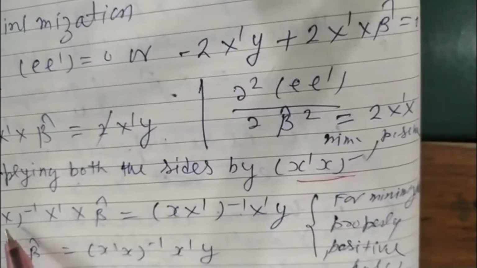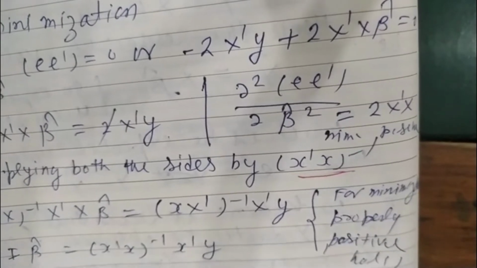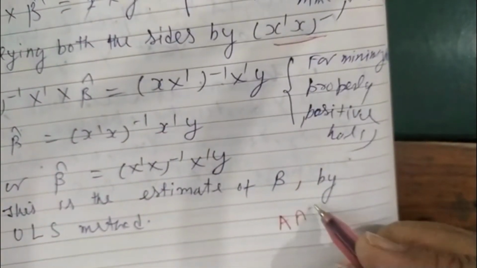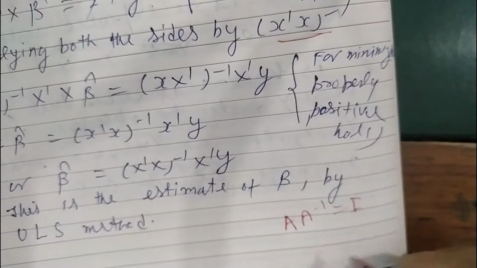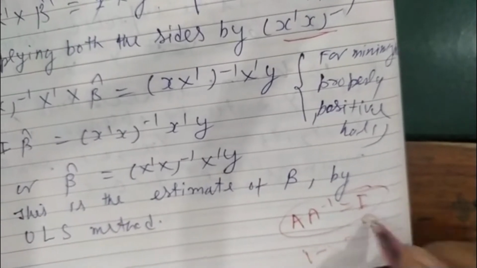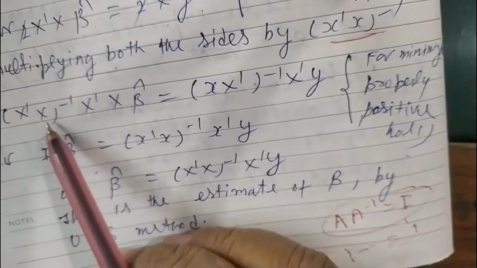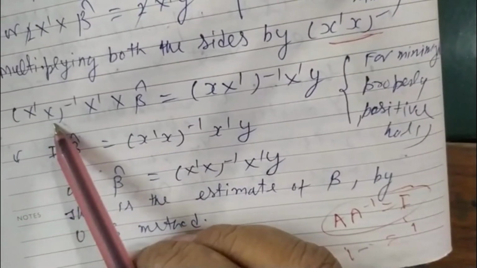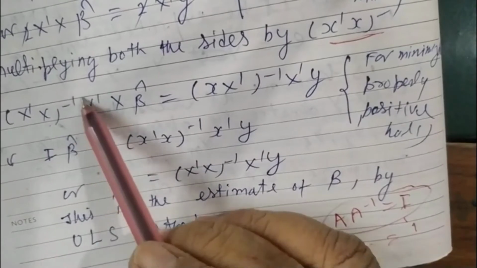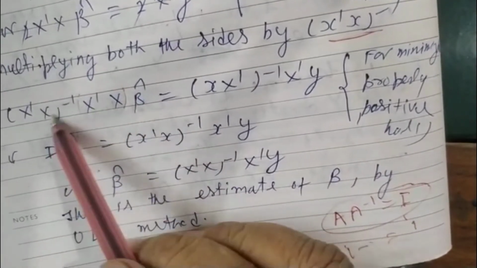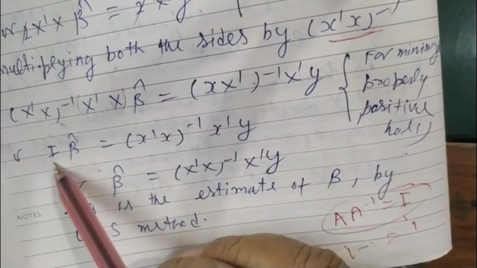On multiplying, we know A into A inverse is equal to I, and I multiplying any matrix gives the same matrix. Here (X'X) inverse times X'X is the identity matrix.